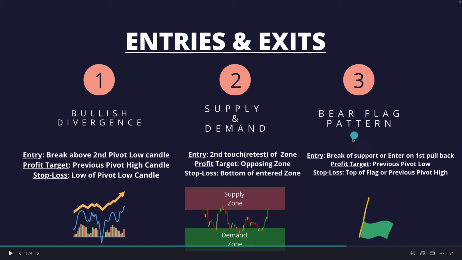Then we have the bear flag pattern. The entry would be the break of support or entering on the first pullback. I prefer to enter on the first pullback personally, because nothing is guaranteed in the market. A bear flag is just a high probability setup, but it's not 100% guaranteed.